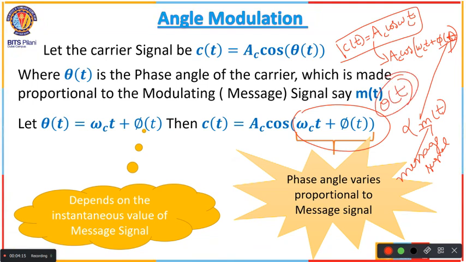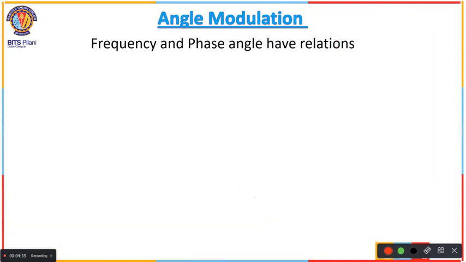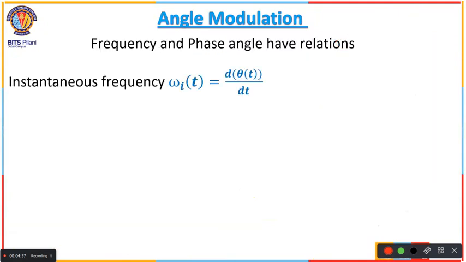This is the instantaneous phase angle. How do you convert it into instantaneous frequency? The rate of change of phase angle will give you the frequency. Try to remember this concept, which is very important. So instantaneous frequency is equal to d theta of t by dt.